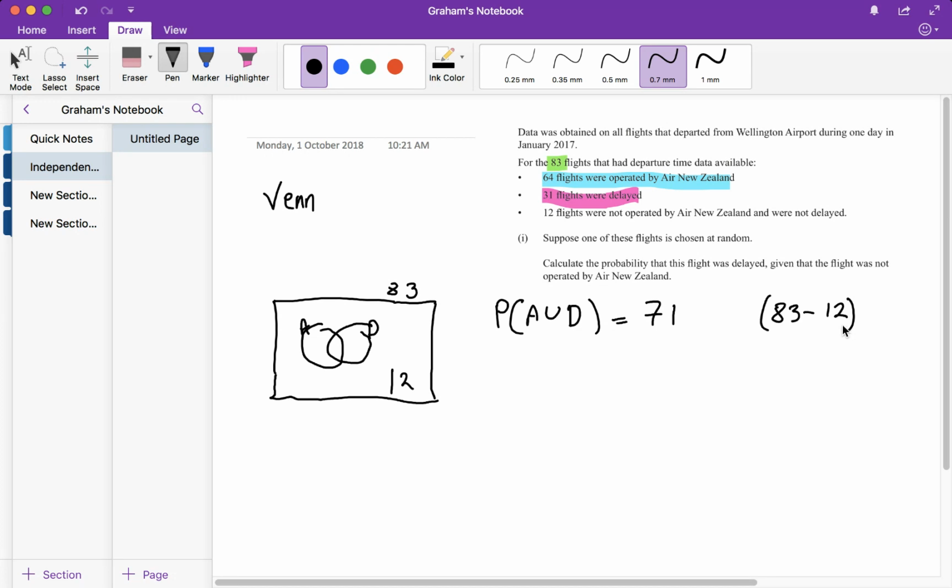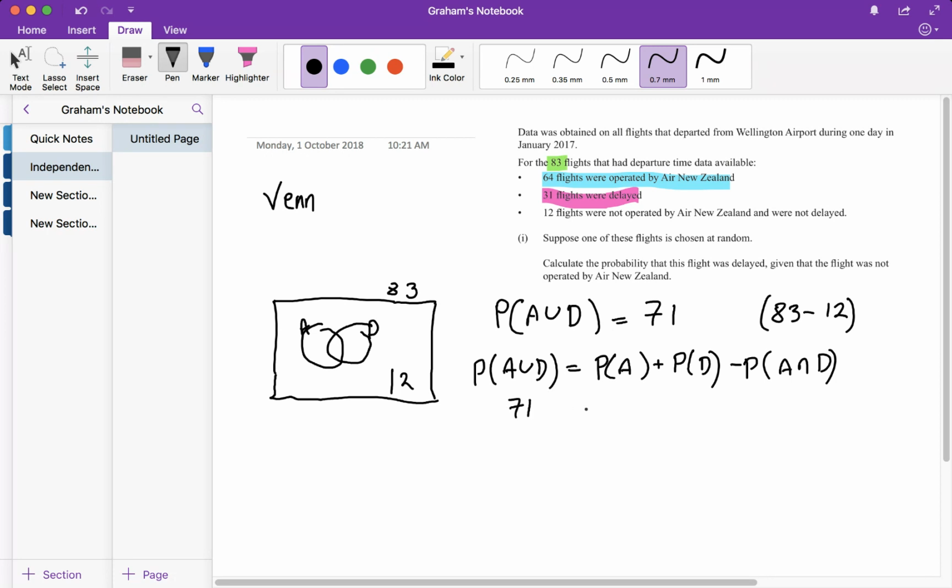Okay, so I've got that is 71, but I also have from my formula book or the formula sheet the probability of A or D equals the probability of A plus the probability of D minus the probability of A and D. Notice how I haven't even bothered looking at what the question is yet, because I've got to work out what goes where in my circles.